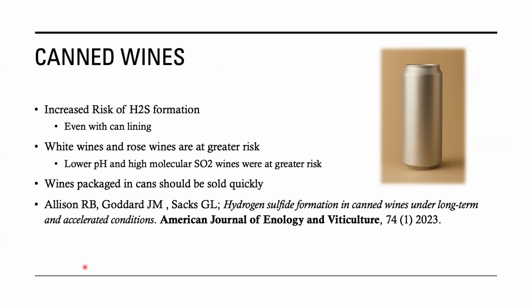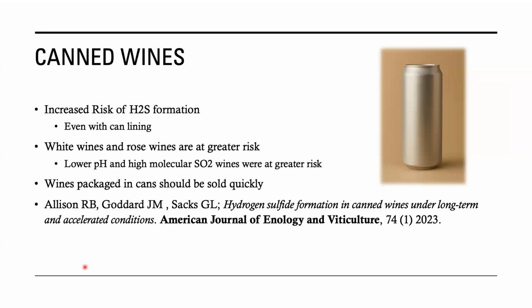White wines and rosés tend to be at greater risk, and the suggestion is that's because they have lower pH and higher available SO2. The SO2 is actually being reduced by the aluminum itself, even with a can liner. The can liners are not perfect, and that's an interesting result.